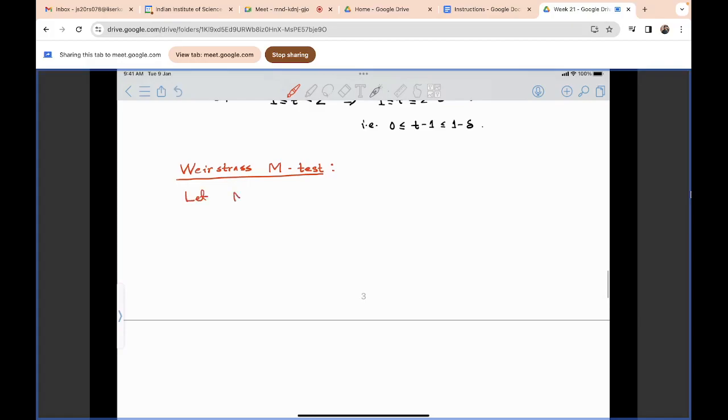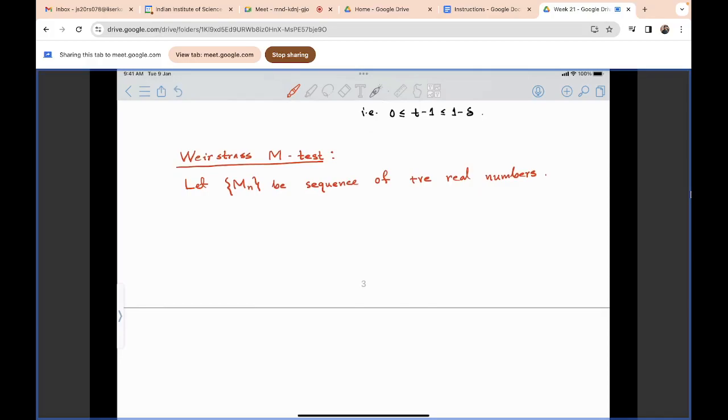Let Mn be a sequence of positive real numbers, and suppose the absolute value of fn x is less than Mn for all n belonging to the natural numbers and x belonging to some domain we are dealing with.